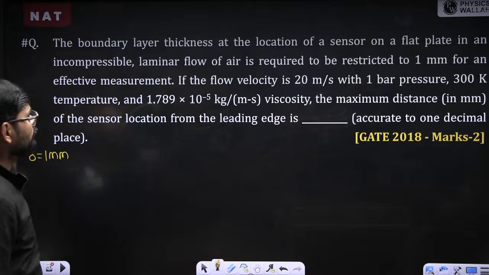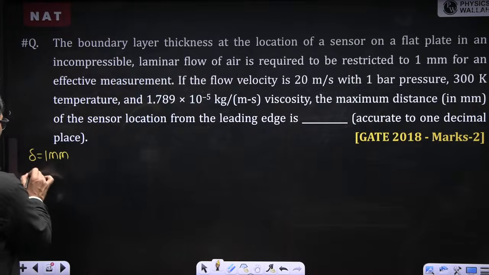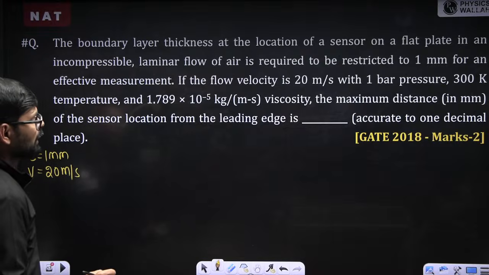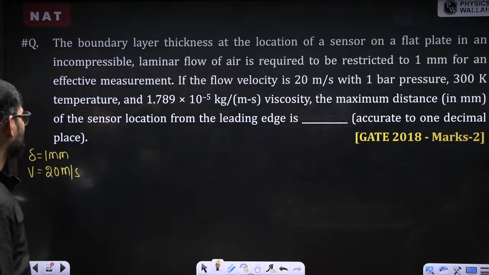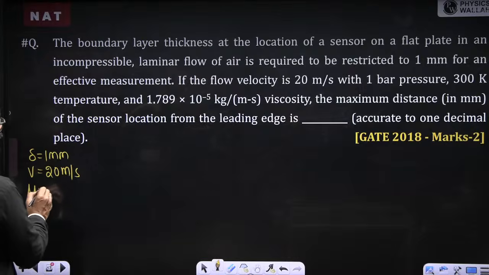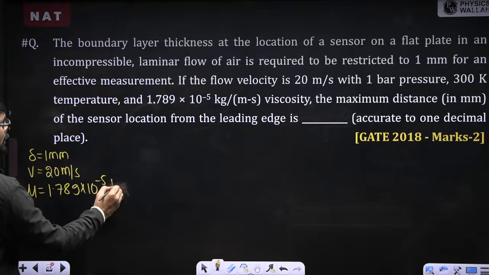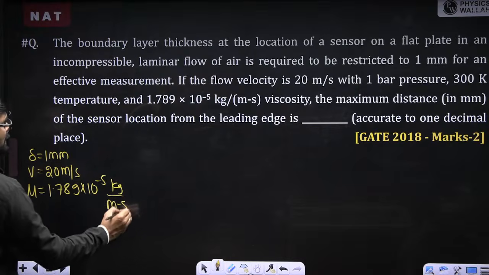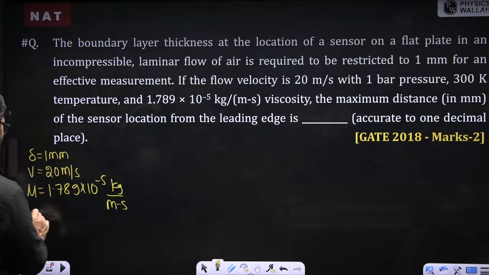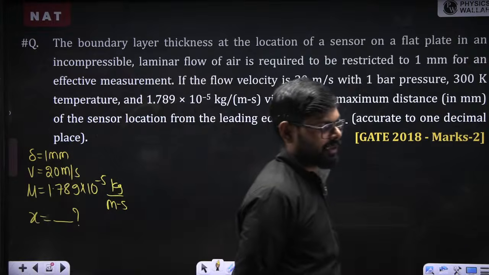For the effective measurement, if the flow velocity V is equal to 20 meter per second at 1 bar, 300 Kelvin temperature, and viscosity mu value is given as 1.789 into 10 to the power minus 5 kg per meter second, SI unit only. The maximum distance of the sensor location from the leading edge, the x value you need to find out.